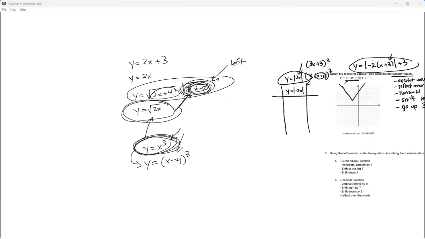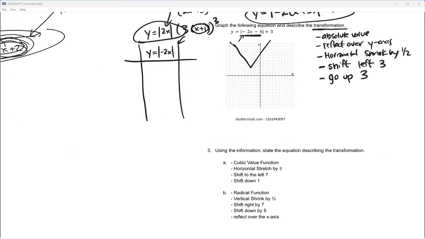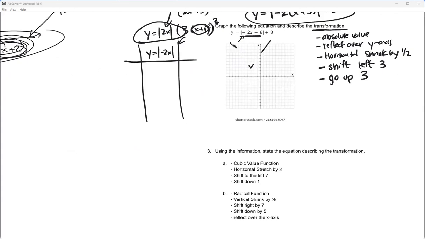All right, let's do that with this. Let's just do negative 2x. Let's use 0, 1, 2, and then negative 1, negative 2. So y is equal to negative 2 times 0, so that's 0, 0.